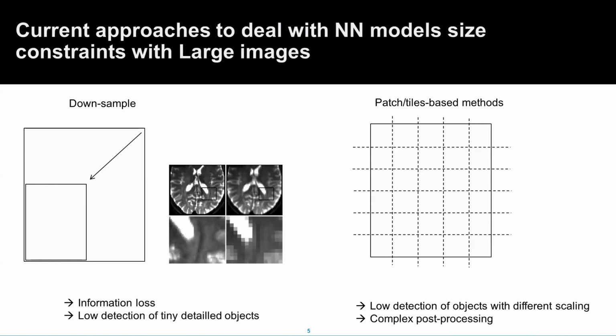And also, once your model has inferred the different patches, you have to assemble the results, and it could lead to a complex post-processing phase as well. Sometimes another model could be involved to do the reconstruction.